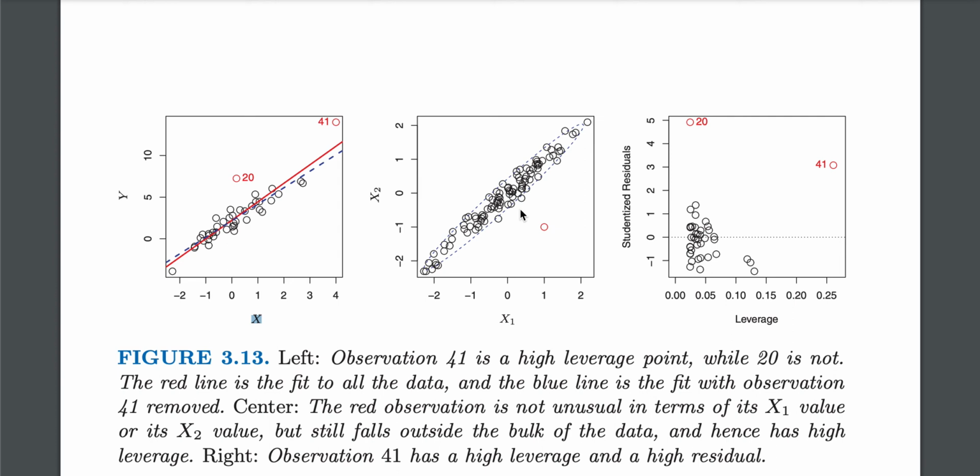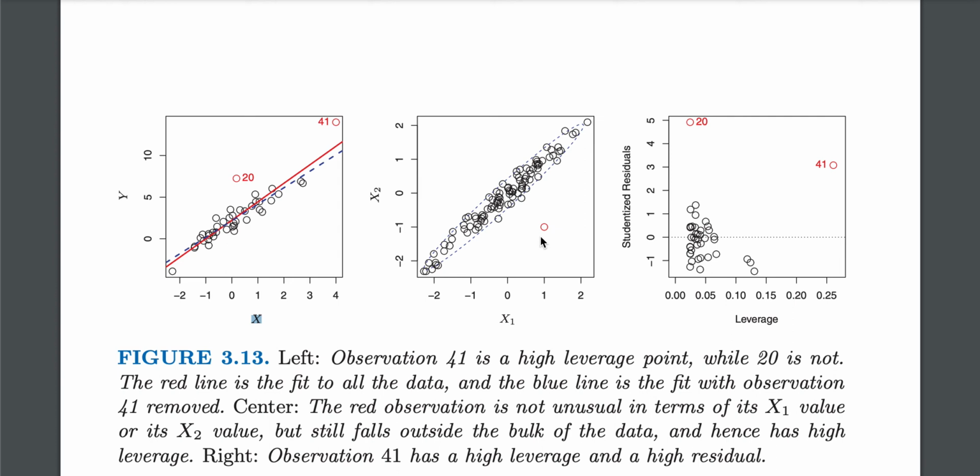There is another way of identifying such points using a measure called leverage. And leverage, together with studentized residuals, are good tools to identify points that are either outliers or leverage points, points that significantly change the model when adding or removing them.